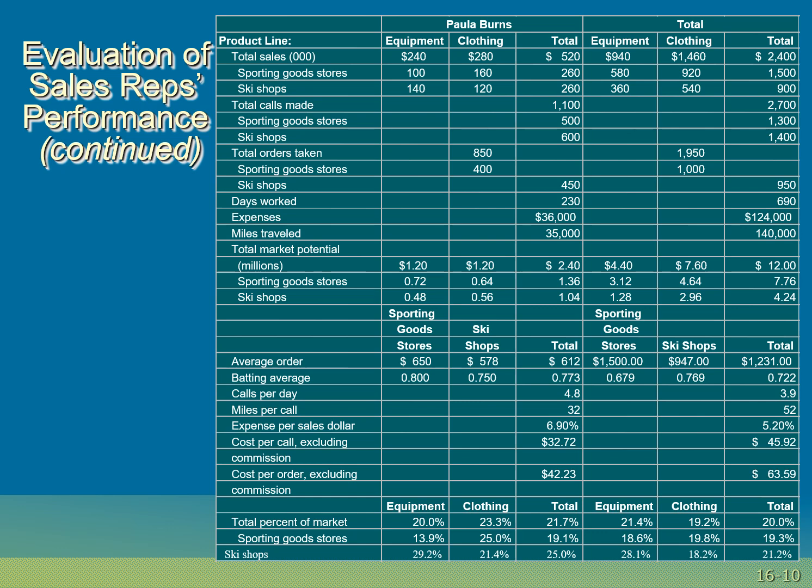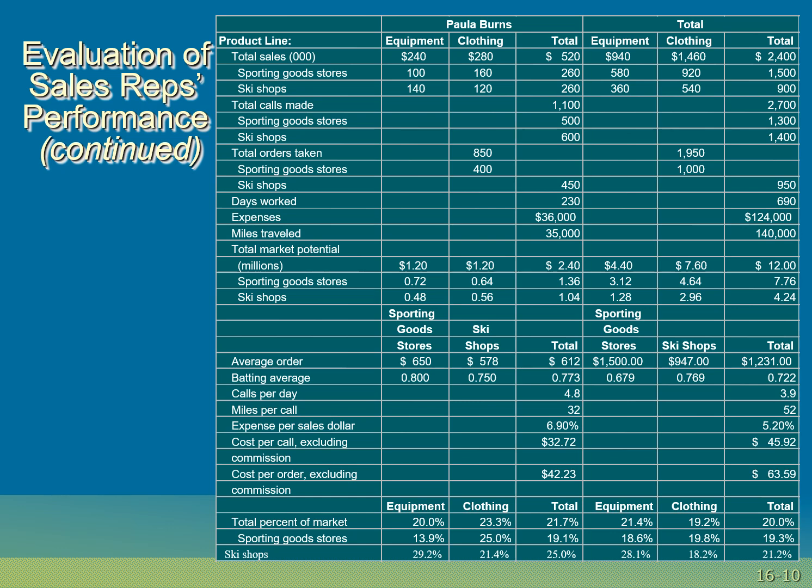For Paula, this is her equipment sales, ski shop sales, etc. Total calls made, total calls made to ski shops or sporting goods, total orders taken, days worked, expenses, and miles traveled. She seems to spend less and also traveled less than the other two, Joe and Gus.